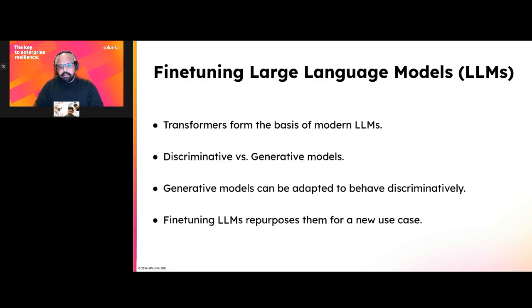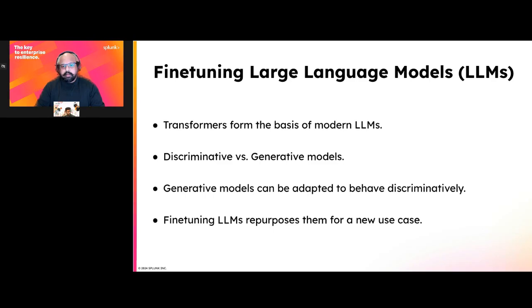What's important with generative models, or the advantage that they provide, is that they can be converted to behave discriminatively. And this allows us to use an LLM which has been trained for a specific application. So let's say just human-like chat, where you can talk to it, ask about the weather in London in July, or perhaps which days are government holidays in a particular country, and so on.